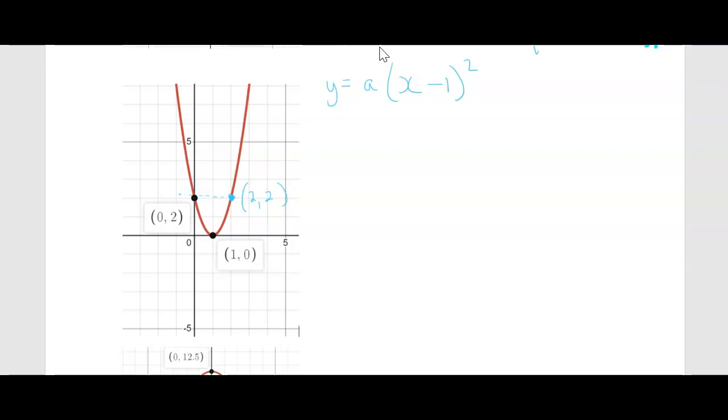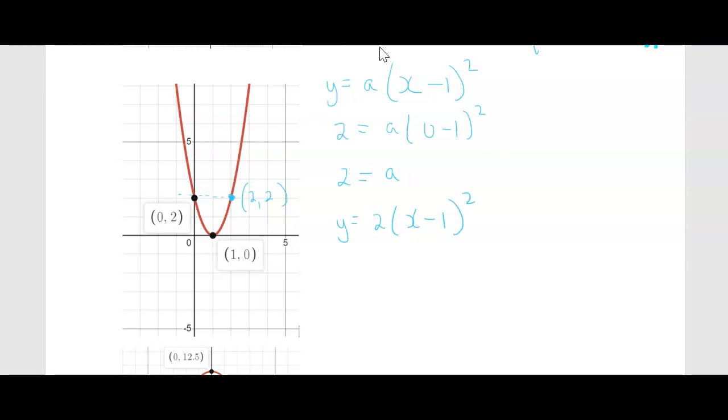So y equals 2, 0 minus 1 squared. So -1 squared is 1, so a is equal to 2. So our equation is 2 times x minus 1 squared.